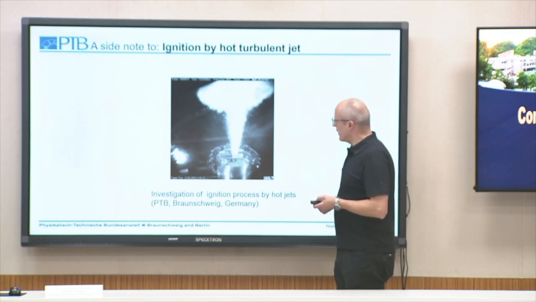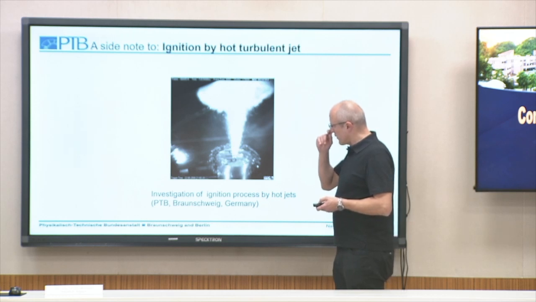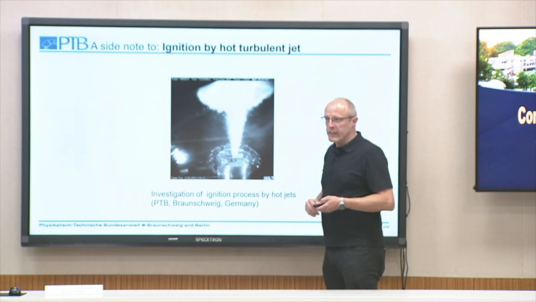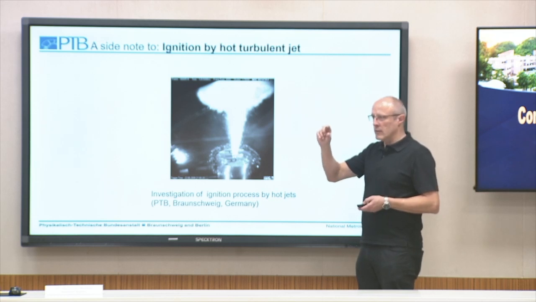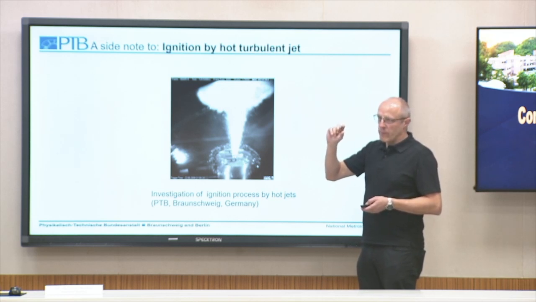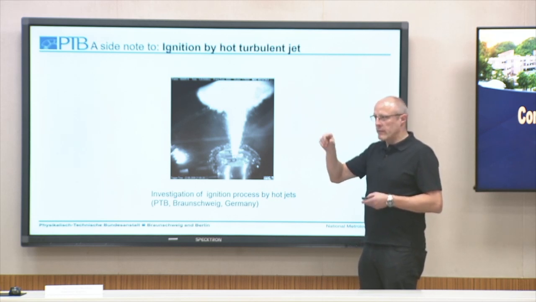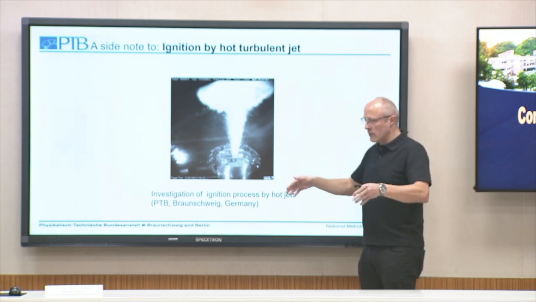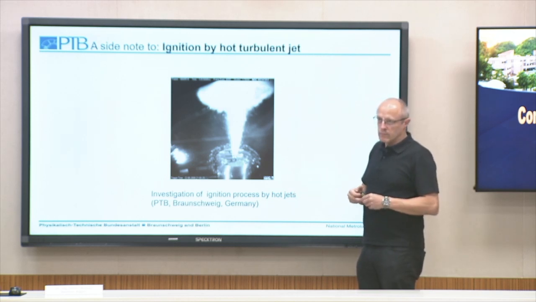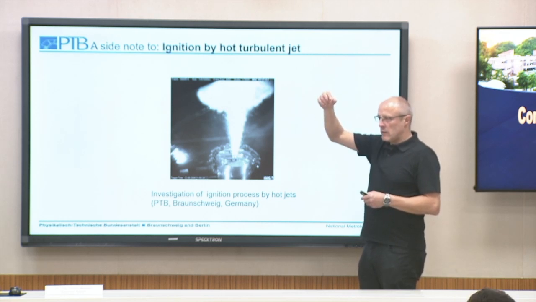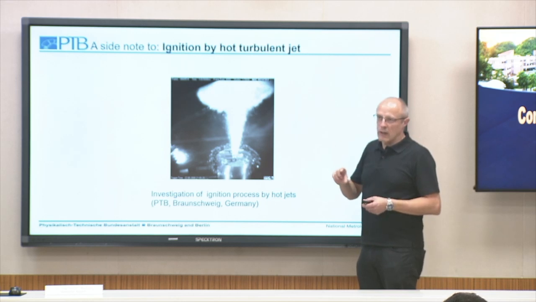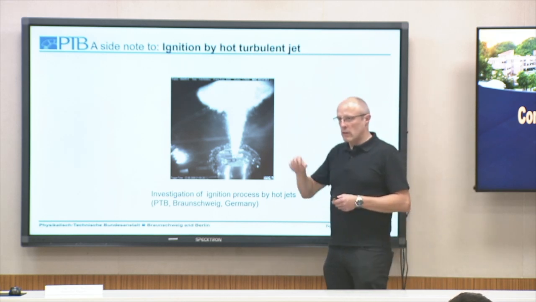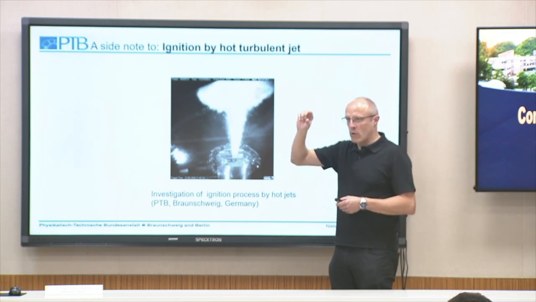One of the things they use is so-called turbulent hot jet ignition. They have a small volume where they ignite their mixture by a spark, and then they have their large combustion chamber, and the small ignition volume is linked to the large combustion volume through a small hole, a small nozzle.